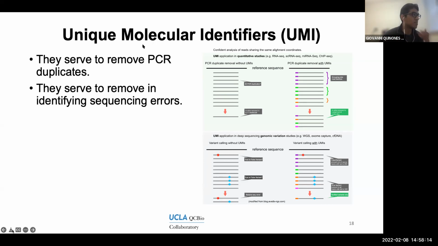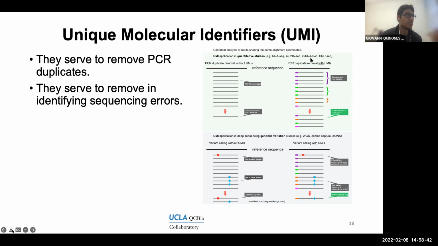Let's go back to the unique molecular identifier. The UMIs are little oligos, little sequences that get added to individual RNA molecules. Before we mentioned the barcodes, which are a label for every cell.